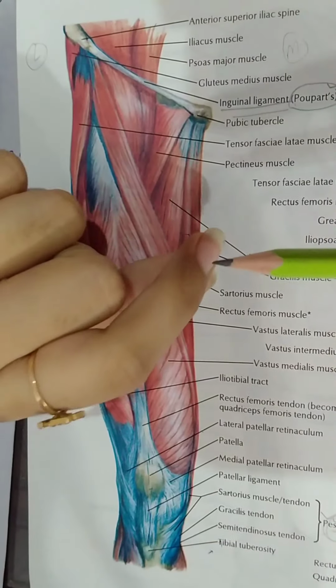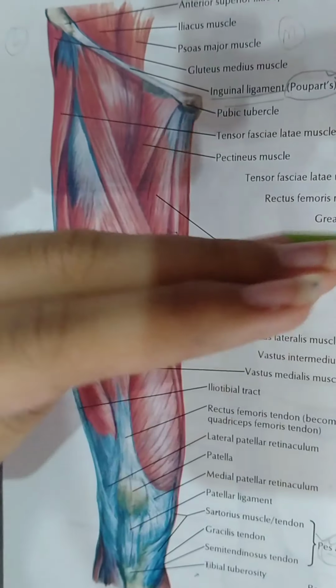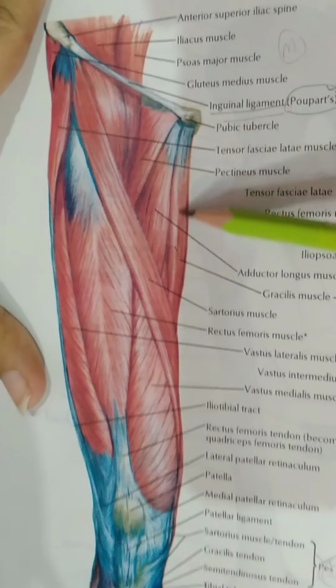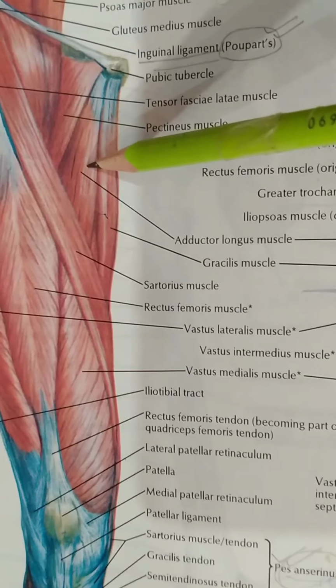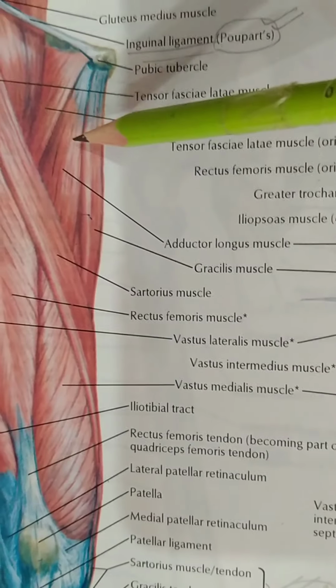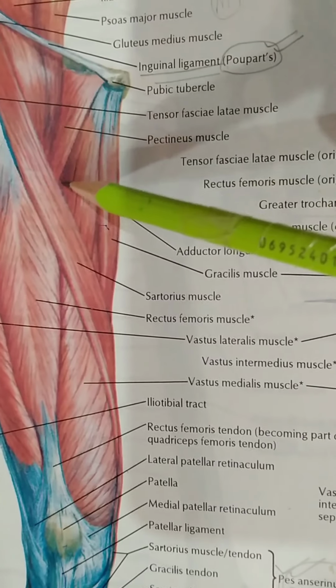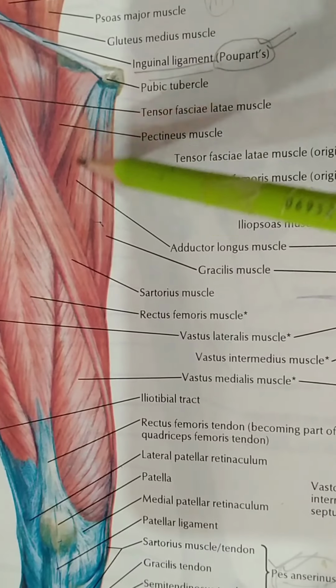I told you the most medial muscle is gracilis. So this would be the gracilis. The next muscle, this one, is the adductor longus muscle. This one, the one I am highlighting now.